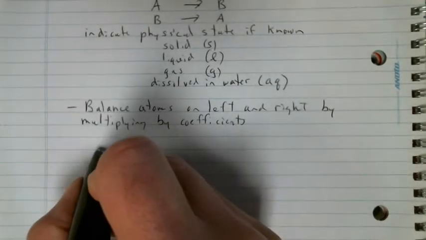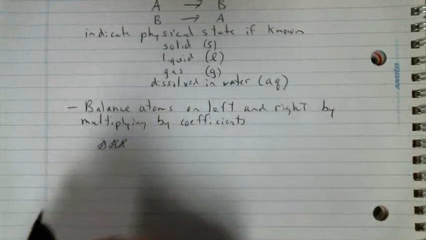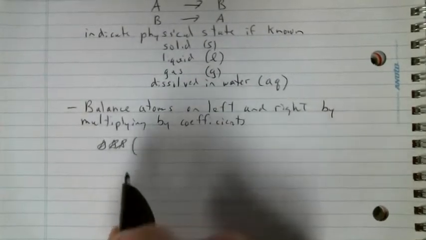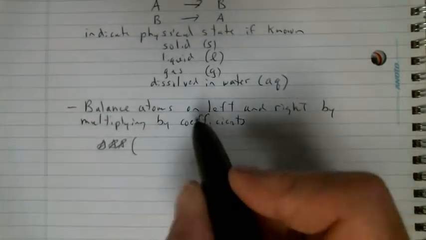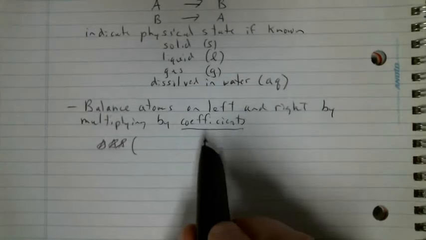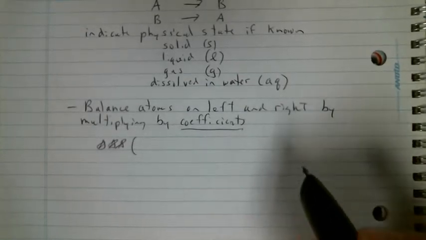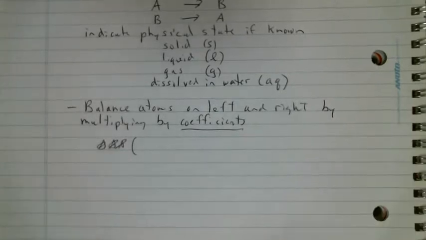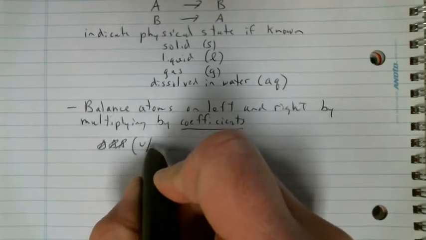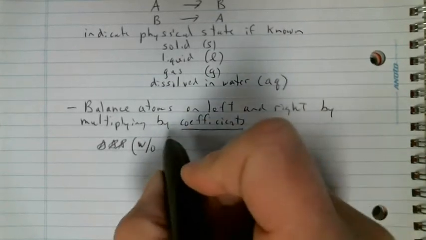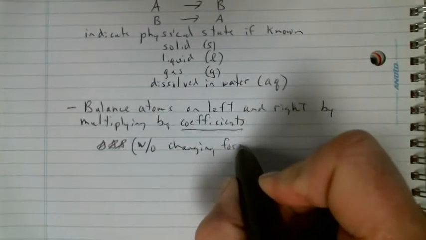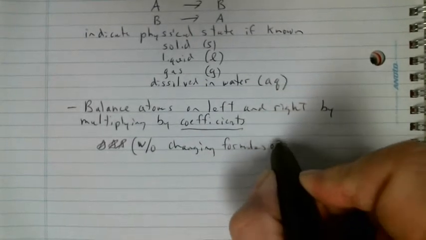But here's the really key thing, and the only way that I normally see people make mistakes is when they start doing things besides using coefficients. When we balance a reaction, that's the only thing we can change. Coefficients. So coefficients, those are the numbers out in front. It's how many of that molecule we have. And so when you do that, you have to do this, without changing the formulas for the compounds.